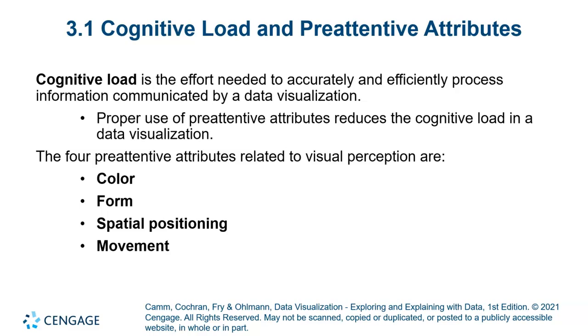So the proper use of pre-attentive attributes reduces the cognitive load in the human mind, right? There are 4 pre-attentive attributes. The first is color, which color needs to be used; form, which forms to be used; spatial positioning, where is the position; and movements, right? So these are the 4 pre-attentive attributes.